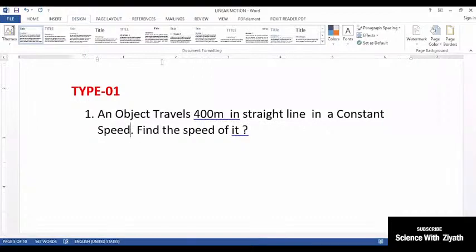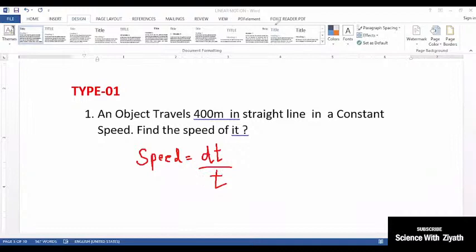Simply, what equation should be used? We studied speed is equal to distance over time, d over t.